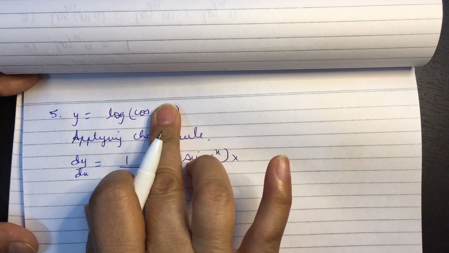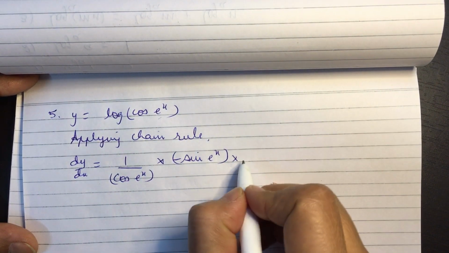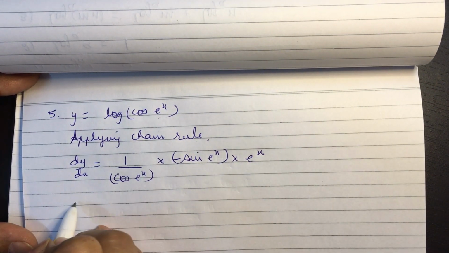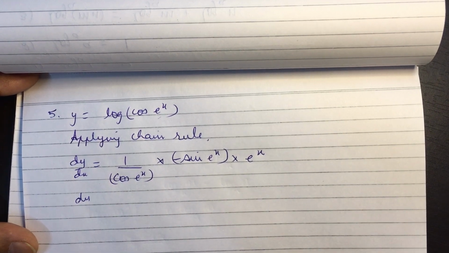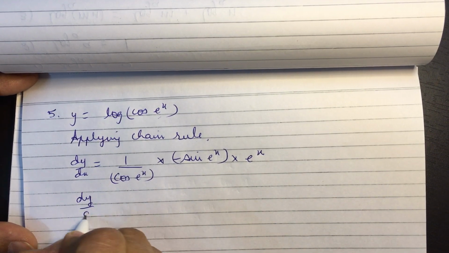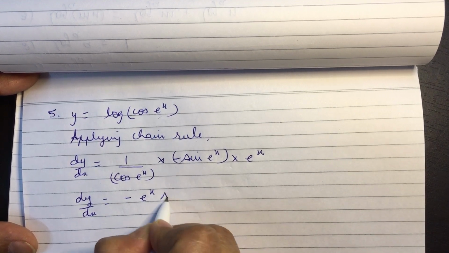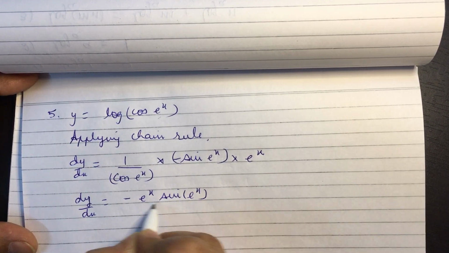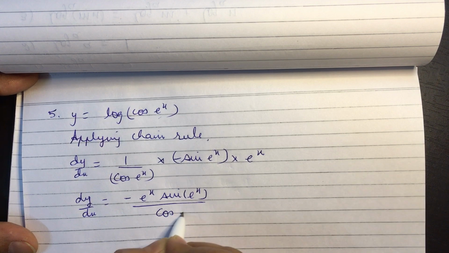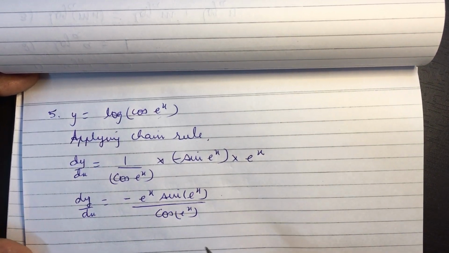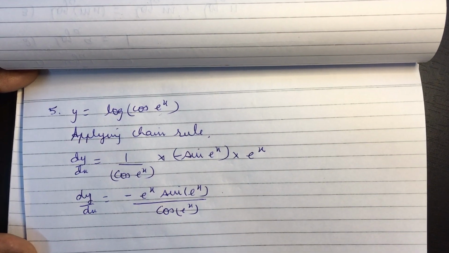Then we come across e raised power x, derivative is e raised power x. So, dy over dx is equal to minus e raised power x sine of e raised power x whole upon cos of e raised power of x.